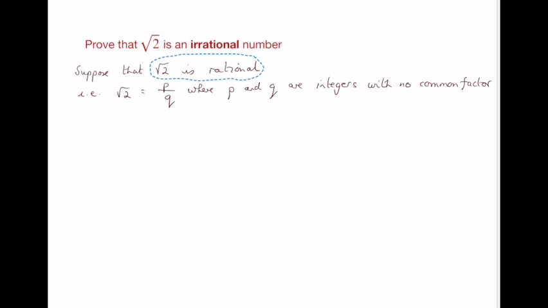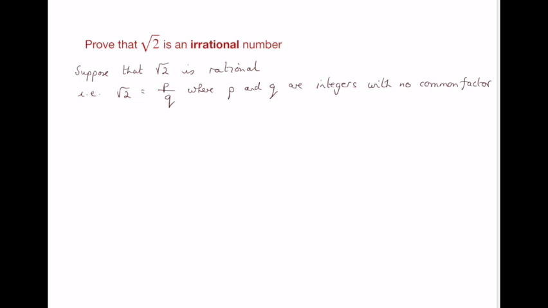And by a series of genuine, correct mathematical steps, we create a contradiction, which means our supposition must be wrong. So if we suppose that root 2 is rational, then root 2 must be of the form p over q, where p and q are integers with no common factor.